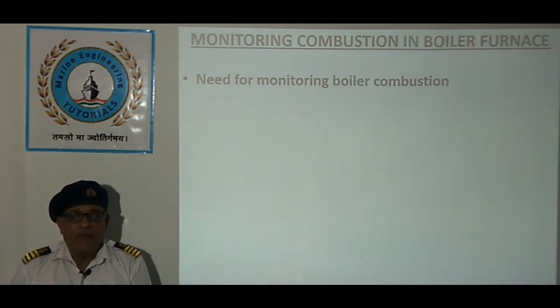Efficient combustion in the furnace is essential for keeping the heat transfer surfaces clean, thereby increasing the efficiency of boiler. About 10 to 30% excess air is adequate for good combustion.